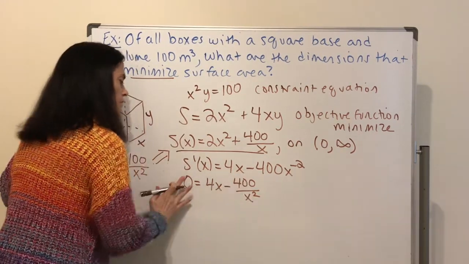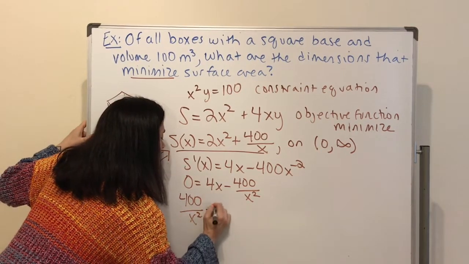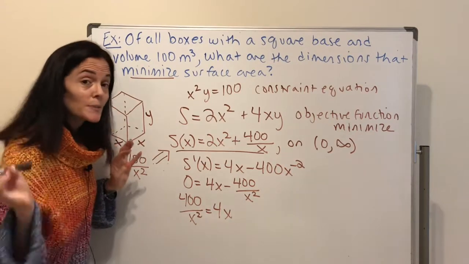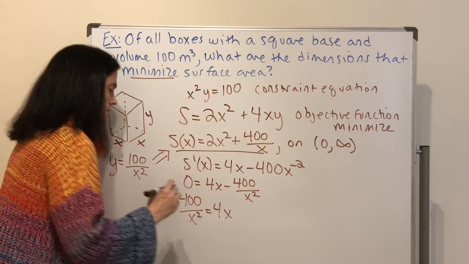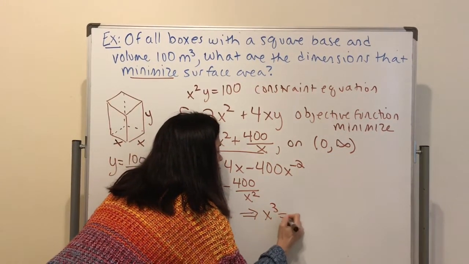So let's move 400 over x squared to this side. We get this equals 4x. And now you see, if I just multiply both sides by x squared, I get x cubed is 100.